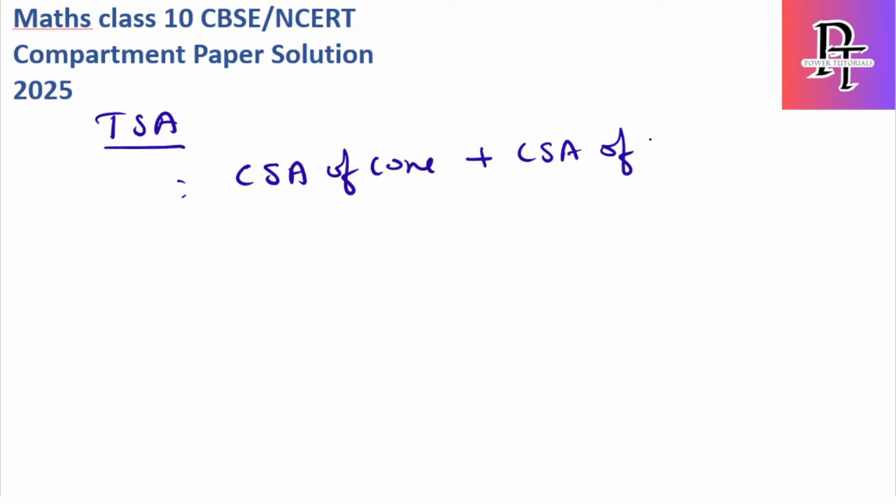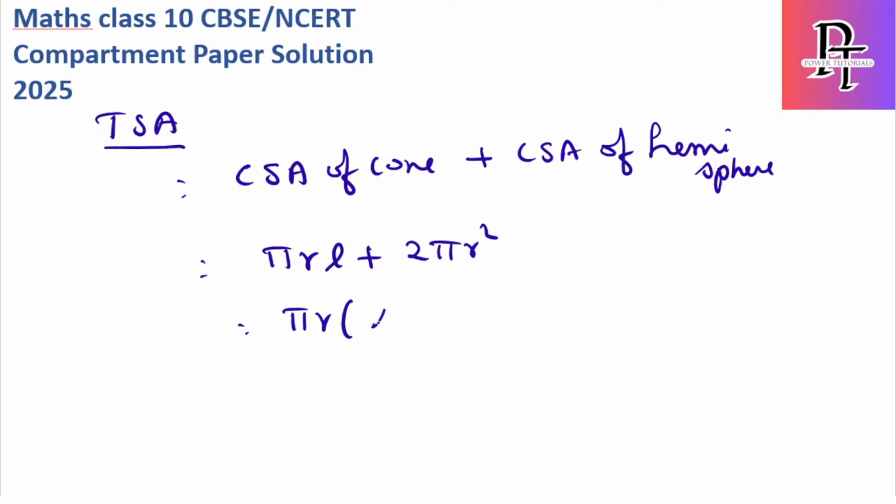We need to just find the CSA of cone and hemisphere. CSA of cone formula is pi r l and CSA of hemisphere is 2 pi r square. So if I take pi r as common, I will get l plus 2r.